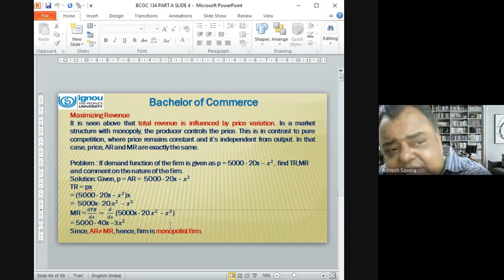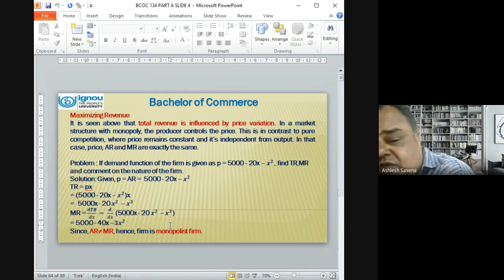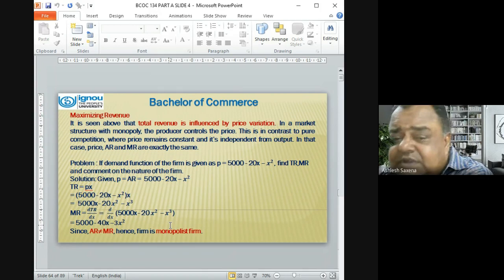Total revenue is price into quantity sold. That means your P, 5,000 minus 20x minus x squared, multiplied by units produced, that is x. It will become 5,000x minus 20x squared minus x cubed. This is the total revenue.